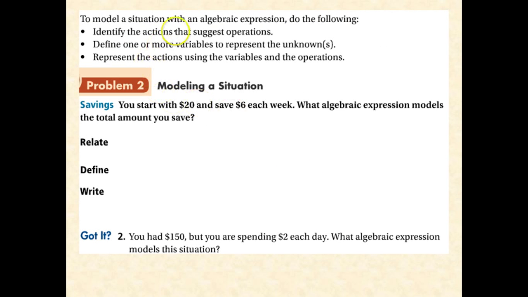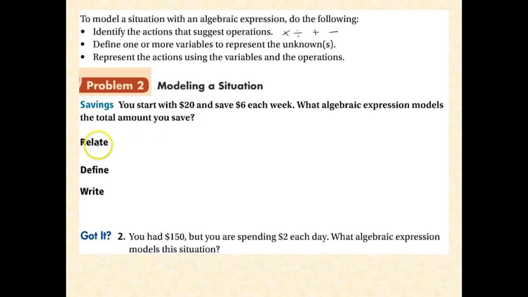Okay, so to model a situation with algebraic expressions, first you identify what it is in the question that suggests operations. Those are multiply, divide, add, and subtract. Then define one or more variables to represent the unknowns, and then represent the actions using the variables and operations. Alright, you start with $20 and then you save $6 each week.